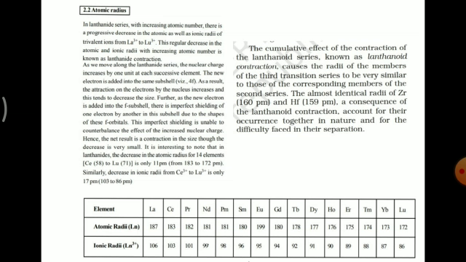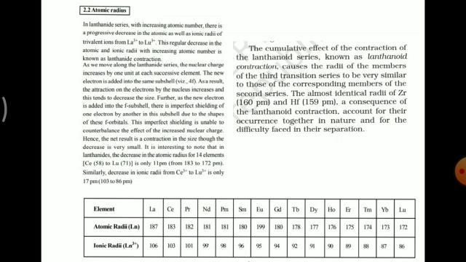So here in F block elements, that is in lanthanides, with increase in atomic number, the effective nuclear charge increases. That is, as we move from one element to another element, the effective nuclear charge increases by 1 unit. So the atomic radius decreases.